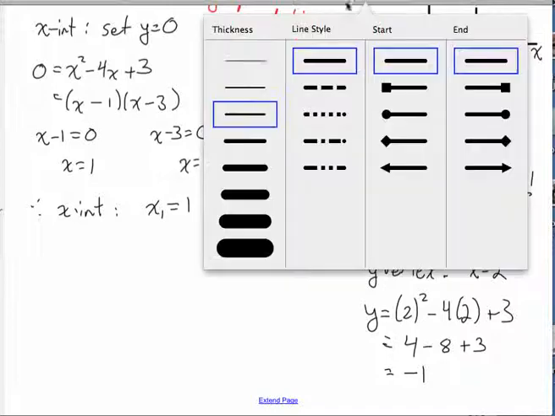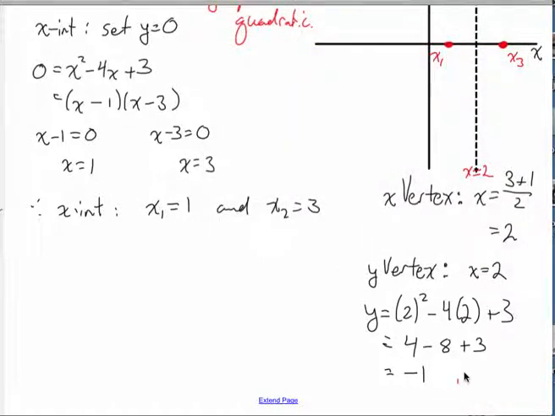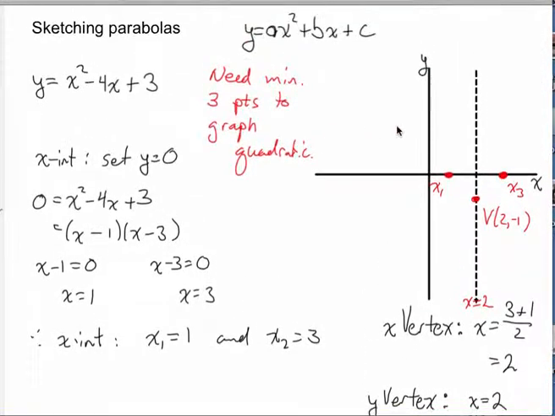Therefore, I have now found my vertex: the coordinate x is 2 and y is -1. Beautiful. So let's say -1 is about there. So 2, -1, and that is my vertex.